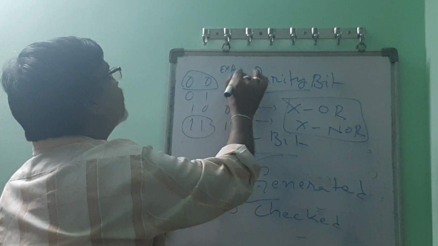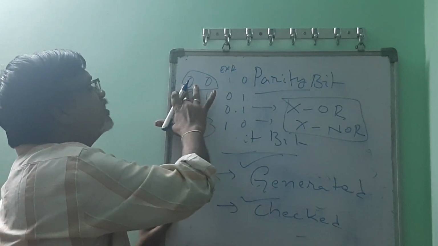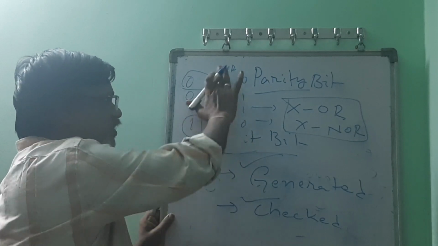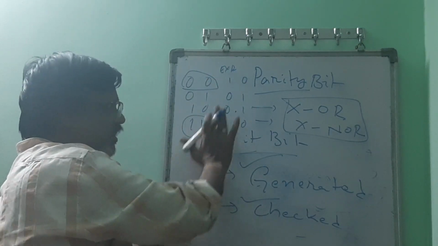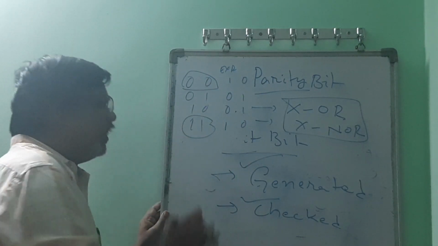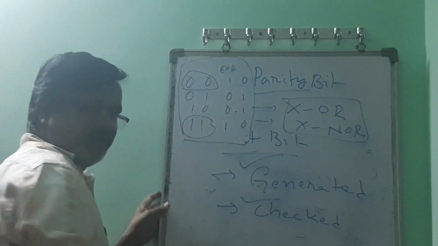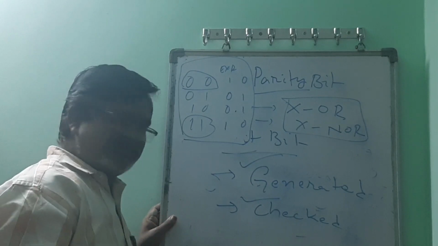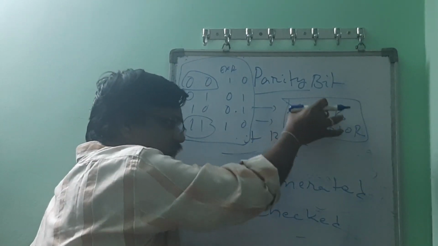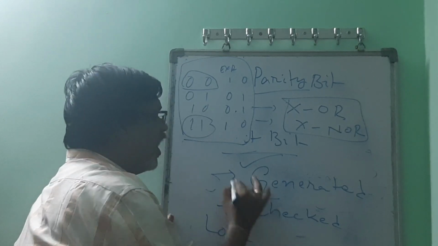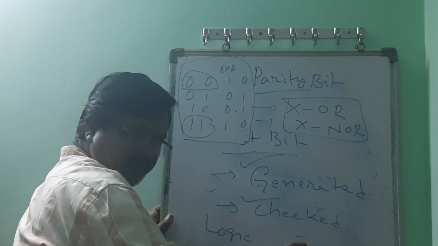So XOR and XNOR are opposite. If two inputs are the same, the result will be positive. Even function method or odd function method: XOR is an even function gate and XNOR is an odd function gate. It will be like this. That's why, because of these even function and odd function methodologies of the XOR and XNOR gates, we use XOR and XNOR in the logic circuit of the parity generator and parity checker.